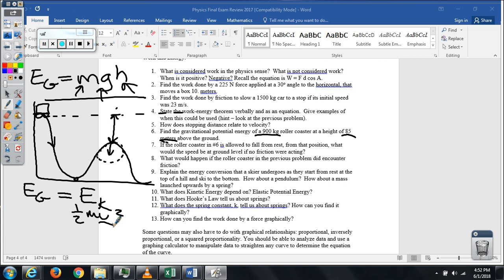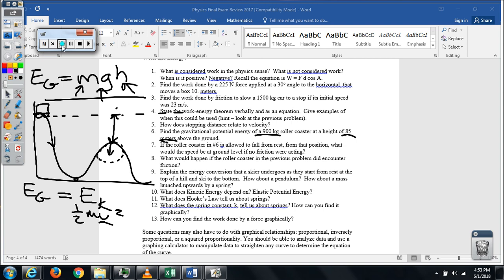What would happen if the roller coaster in the previous problem did encounter friction? That is the case where you'd have EQ come into the situation.